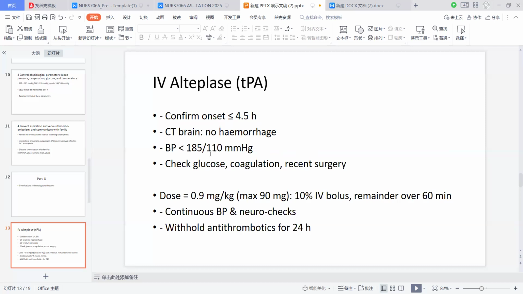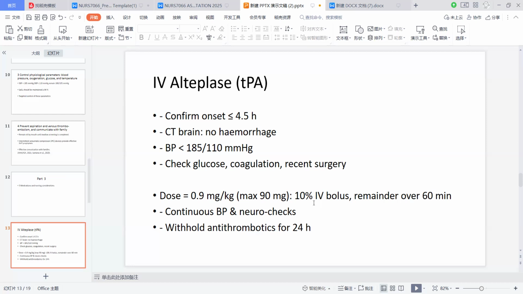BP must be below 185 over 110. The coagulation profile, glucose levels, and recent surgical history should be reviewed. The standard dosage is 0.9 milligrams per kilo, maximum 90 milligrams.